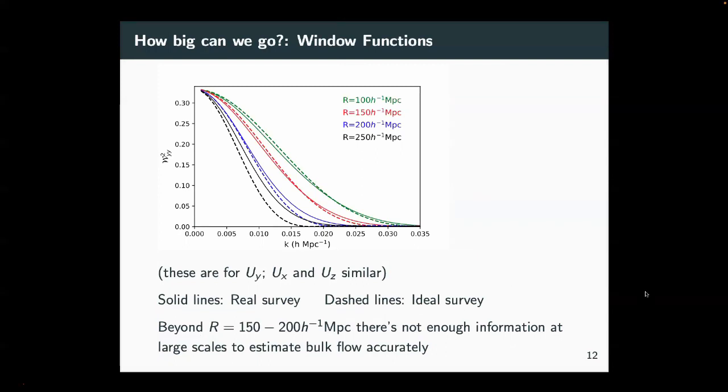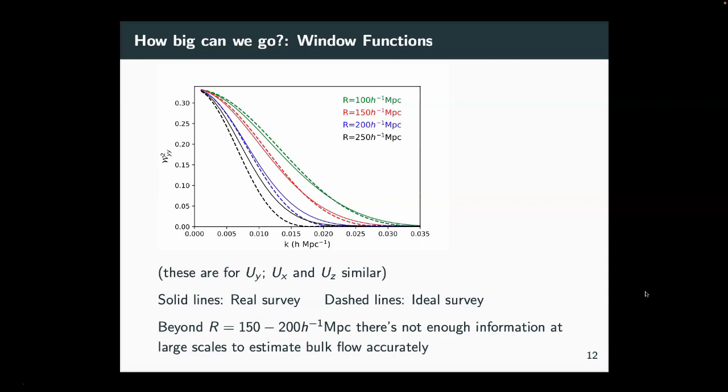So the question is, how big can we go? To figure out how big a volume we can sample and get close to the ideal survey, we look at what are called the window functions. The window functions tell us how the sample is sampling the power spectrum.